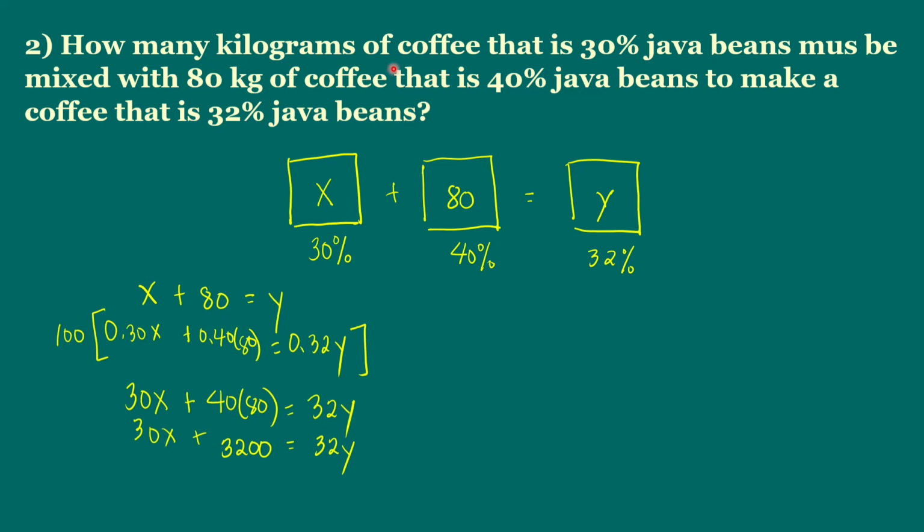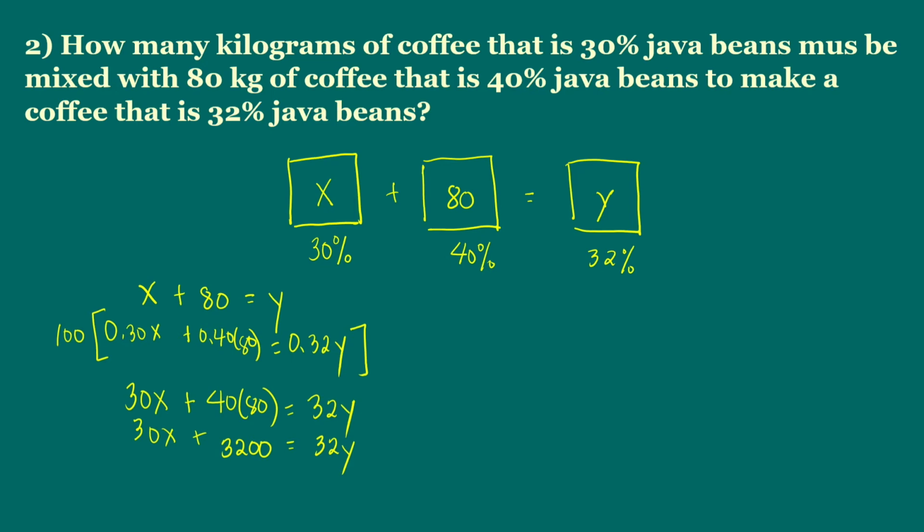Now, if we want to eliminate y, because what we need here in the problem is the kilograms or the mass of coffee that is 30% Java beans. So this is what we need here. Now let us eliminate right away the variable y so that x will be the remaining variable. So to eliminate the variable y, let us multiply this equation by negative 32. Alright? Okay, let us see.